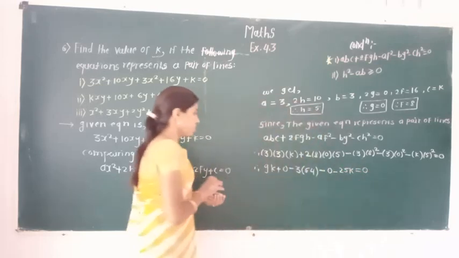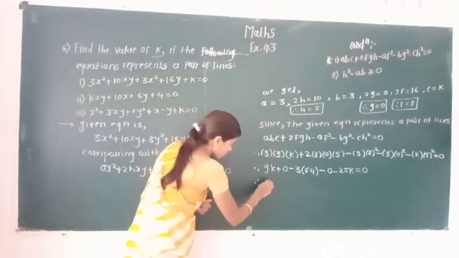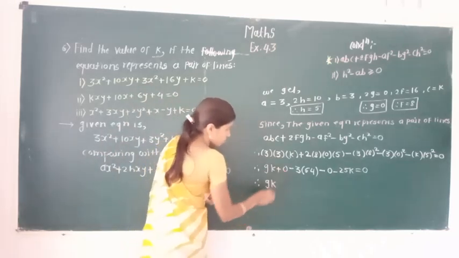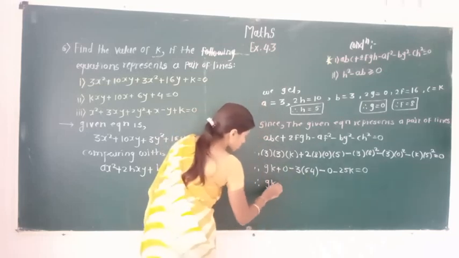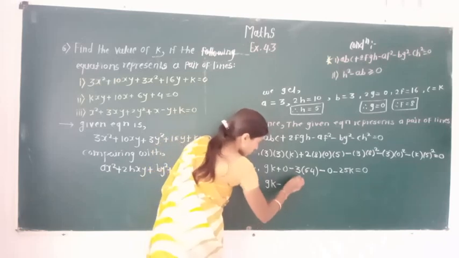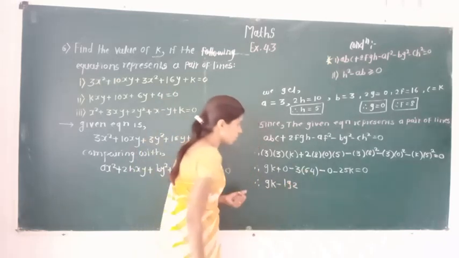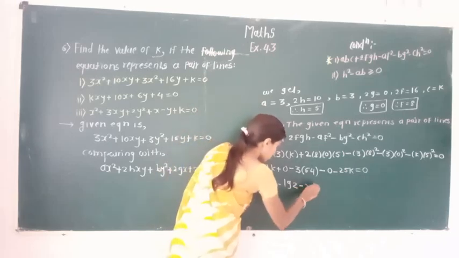Okay, now in this result, 3 4s are 12, 3 6s are 18, into 64 get here 192 minus 25k is equal to 0.